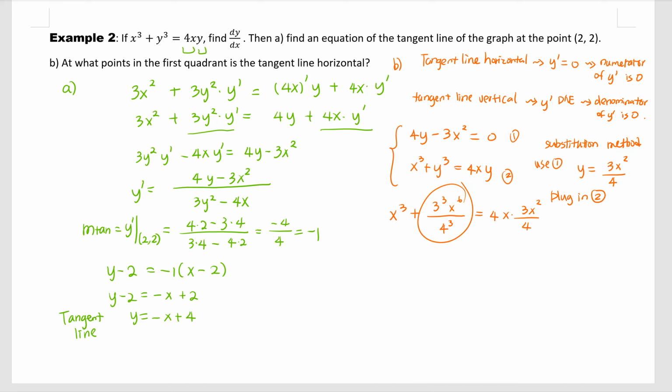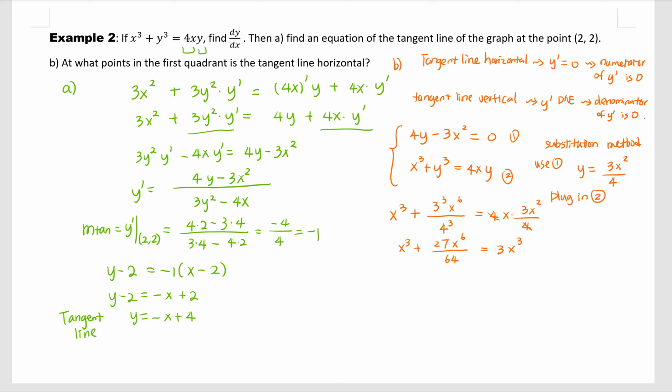Here I also calculate what is cubed, so I cubed every factor in this expression. So this is x cubed, 3 cubed is 27, x to the 6, 4 cubed is 64, 4 cancel. This is 3x cubed.